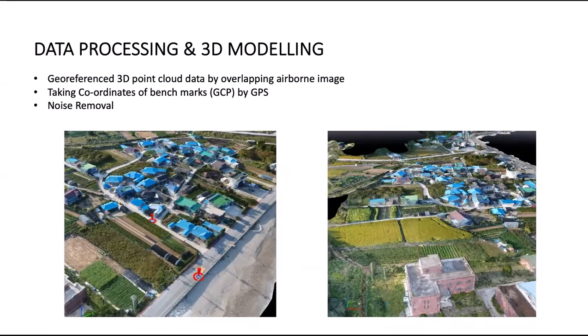So you can do the noise removal, and also make it more accurate, because there can be a lot of error. And of course the drone survey is not accurate by using the simple GPS. So what you do, you develop the benchmarks, called GCPs. Okay, so these are the known references, like this one, marked red.